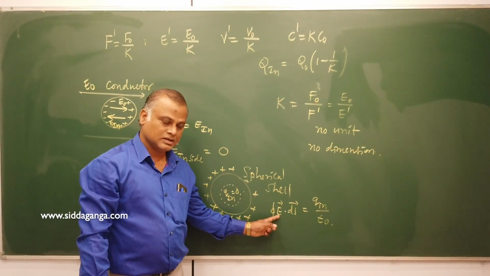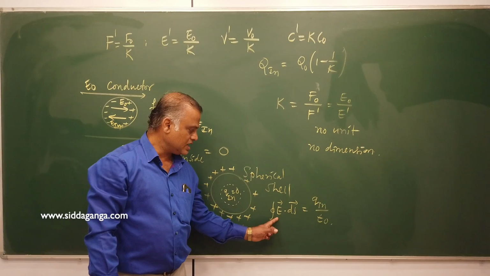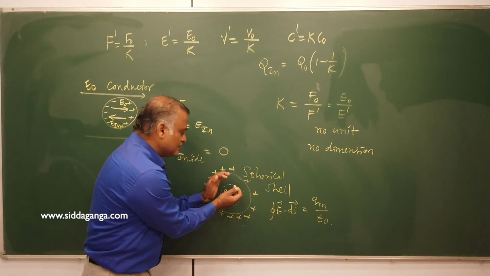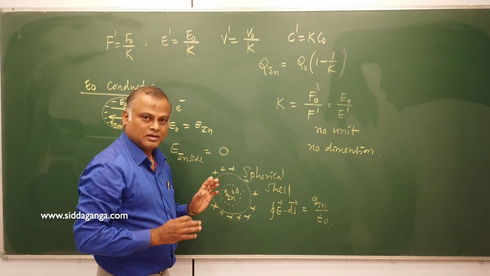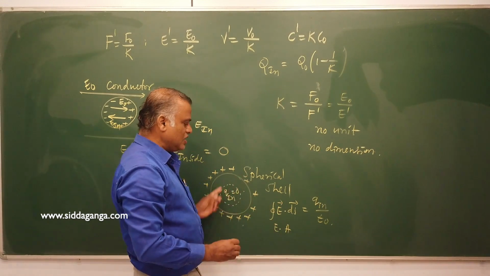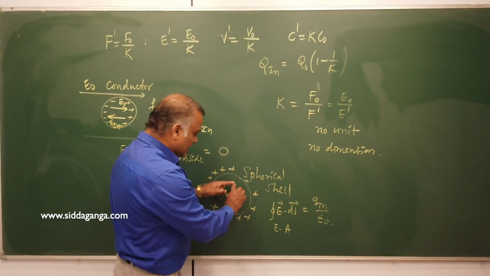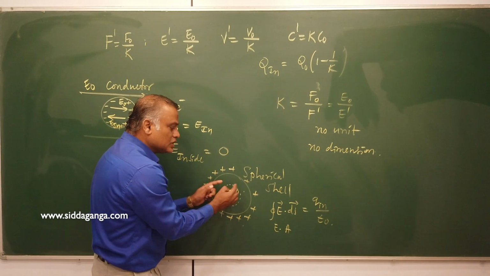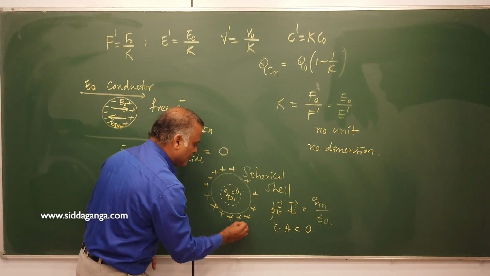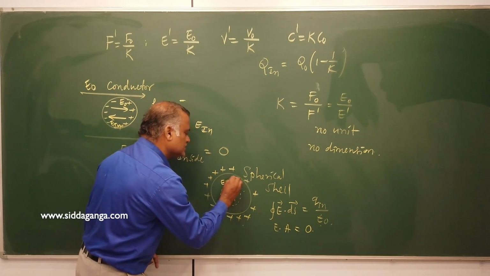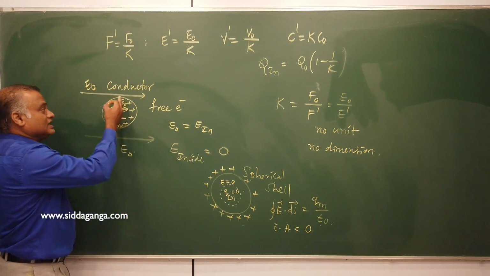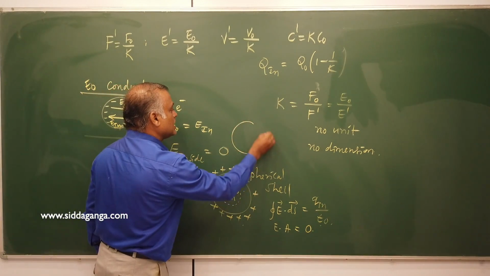E into ds, some area you may get here, some surface area. So E into that area gives some value. Does this Gaussian surface have any charge inside it? No. So that becomes 0, and 0 divided by any number is 0. Therefore, the electric field inside the charged spherical shell is 0, and also inside the solid conductor.